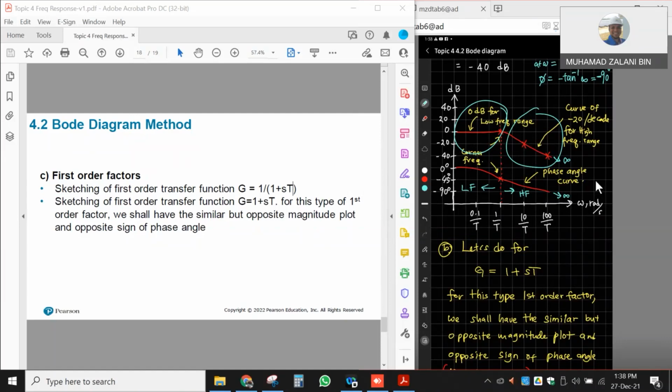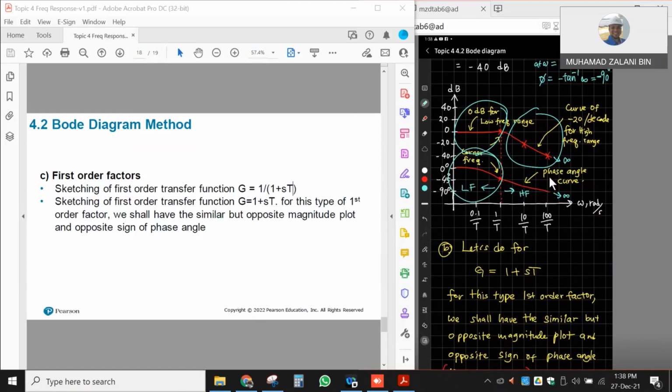For the phase angle, we should expect it to change from 0 degrees to negative 45 degrees at the corner frequency. Then at high frequency, it goes from negative 45 degrees further until negative 90 degrees when it approaches infinity.